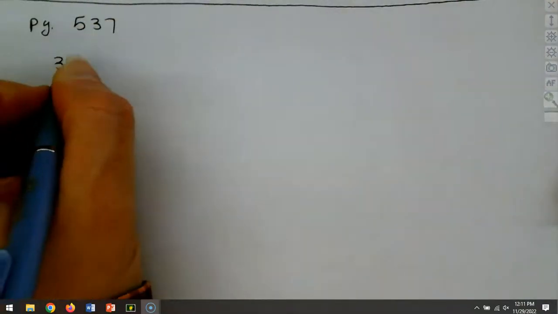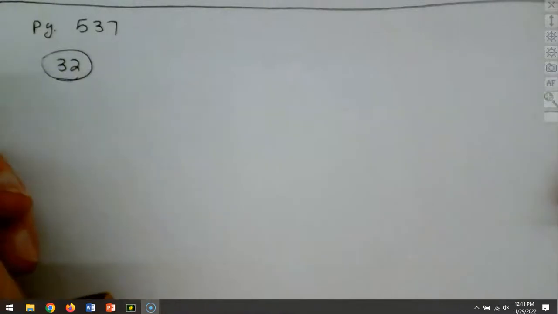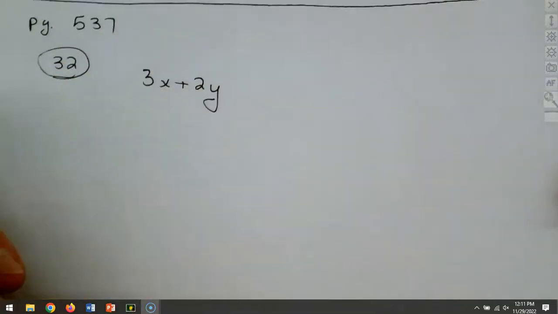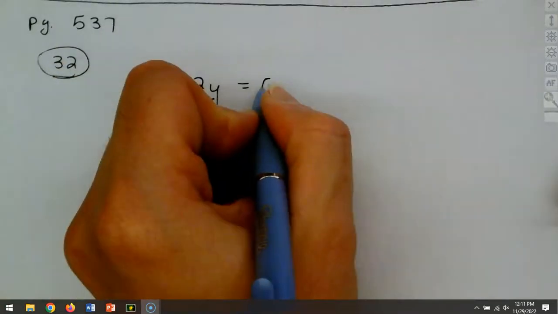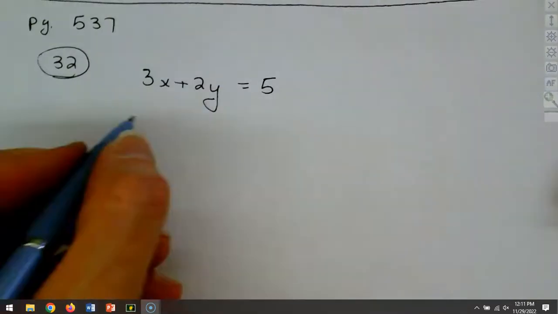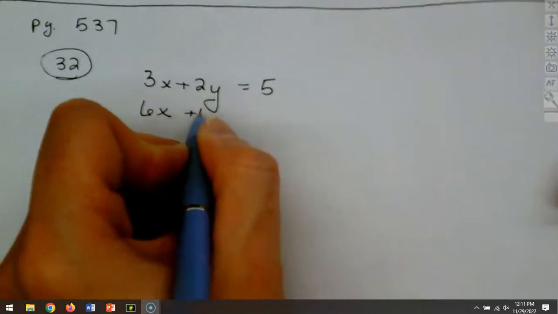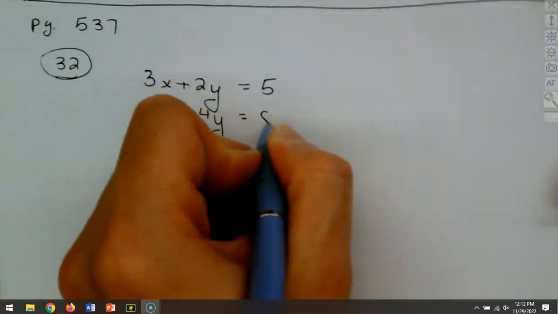Question 32 on page 537. We have 3x plus 2y equals 5. And we've got 6x plus 4y equals 8.